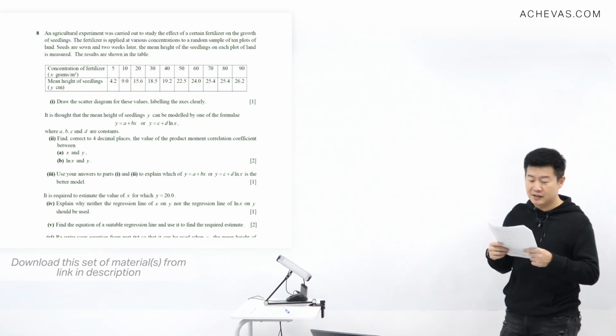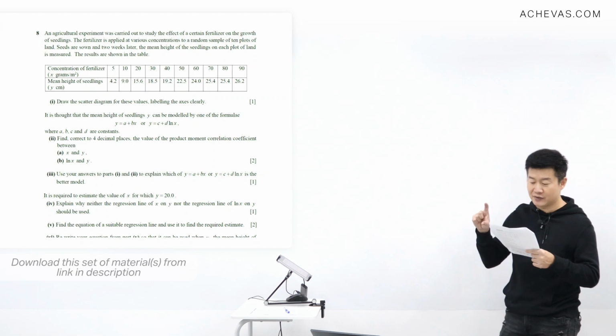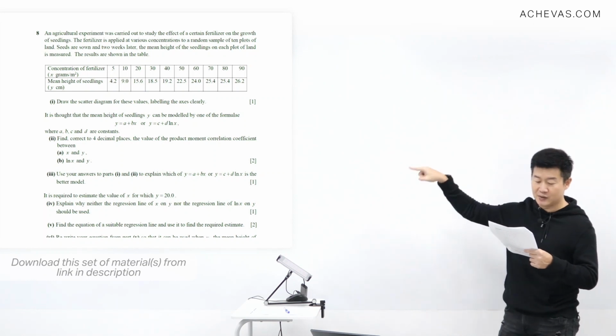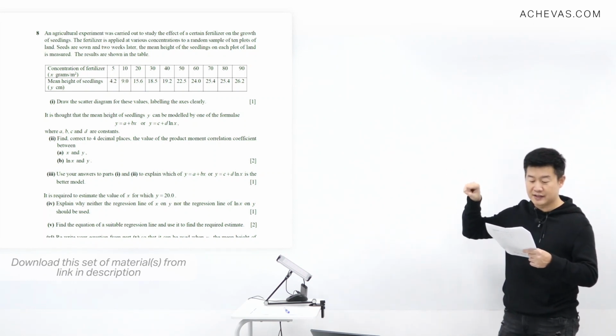The fertilizer is applied at various concentrations to a random sample of 10 plots of land, and the seeds are sown, and 2 weeks later the mean height of the seedlings is measured, and that is Y. So the concentration of fertilizer is X and the mean height of the seedling is Y.